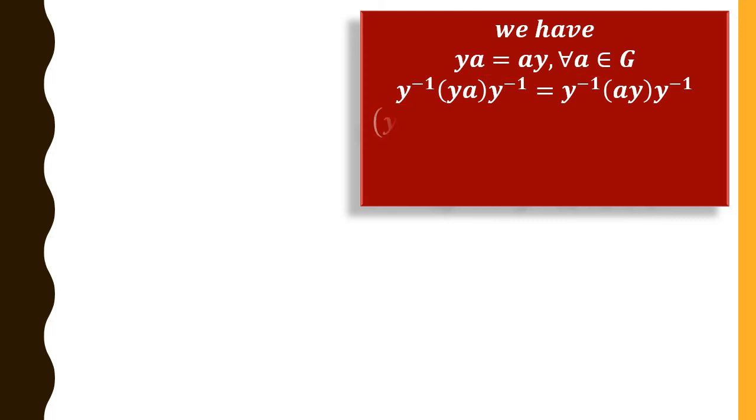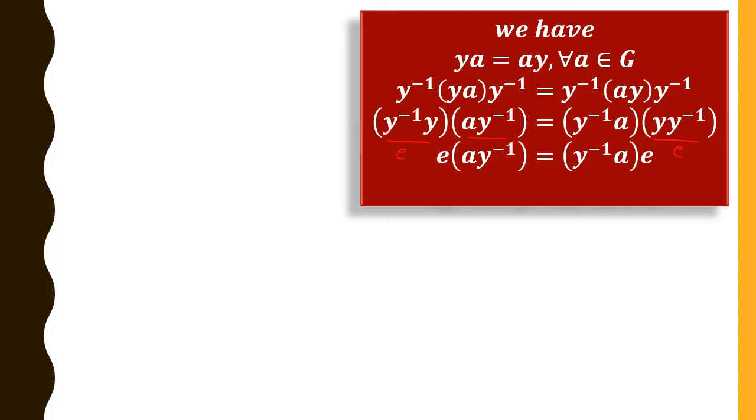Now again it can be written as Y inverse Y of AY inverse is equal to Y inverse A of Y inverse Y. We know that Y inverse Y is nothing but E. Similarly, Y Y inverse is nothing but E. Therefore, what we get? E of AY inverse is equal to Y inverse A of E. So, any element into identity element, I get same element. Therefore, AY inverse is equal to Y inverse A for all A belongs to G.